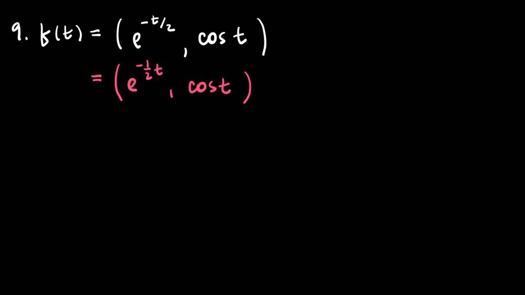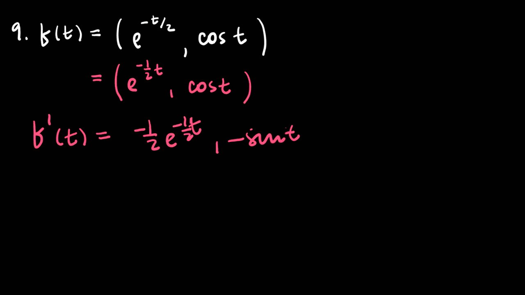And then that means that f prime of t is going to be negative half e to the negative 1/2 t and negative sine t, and then we'll take the derivative of that to get f double prime.